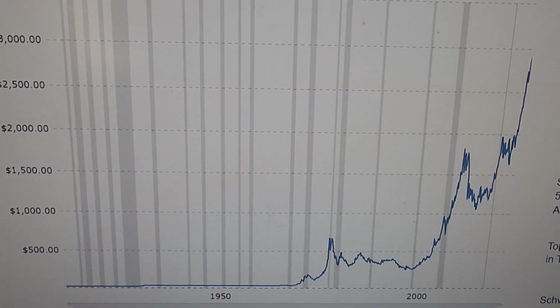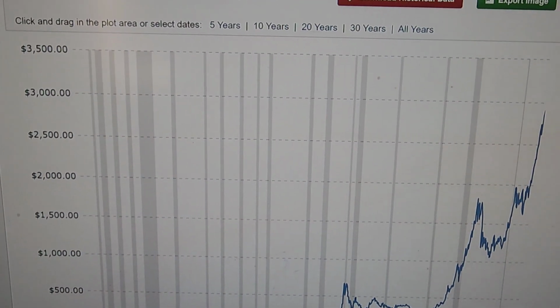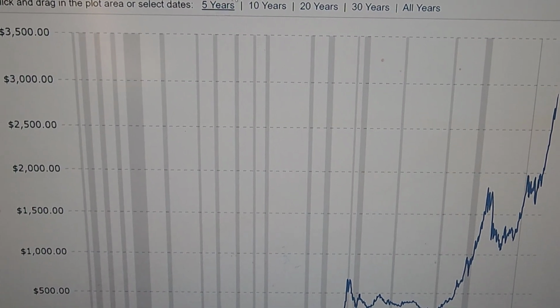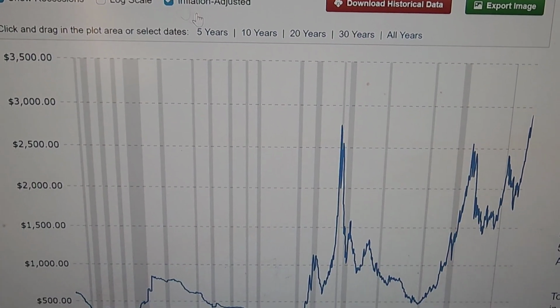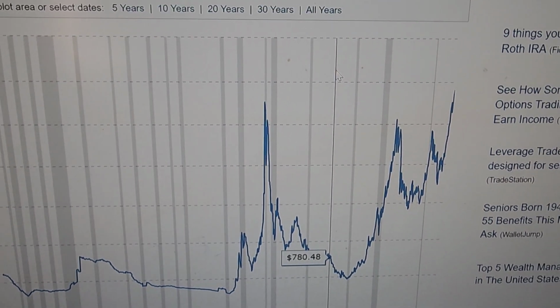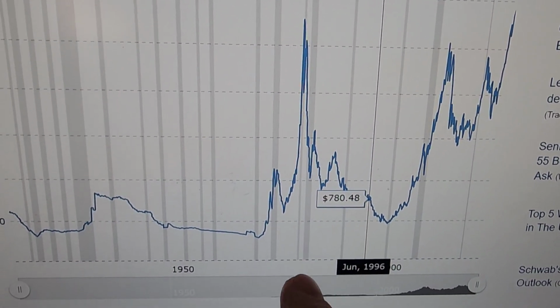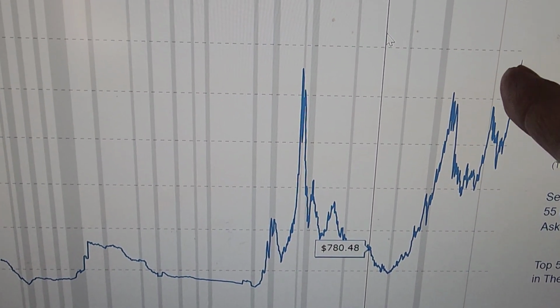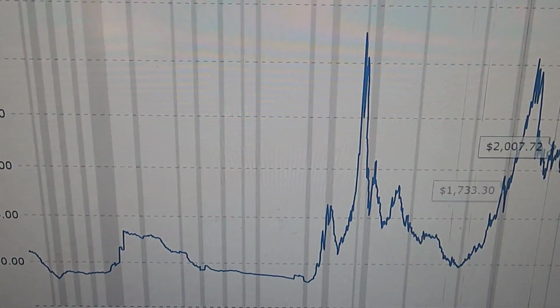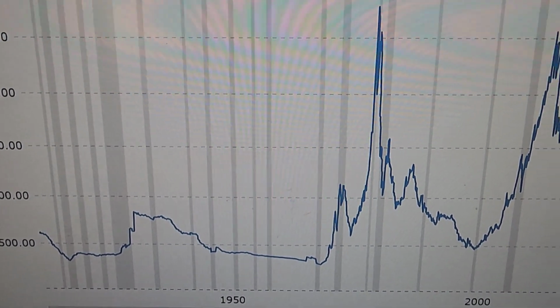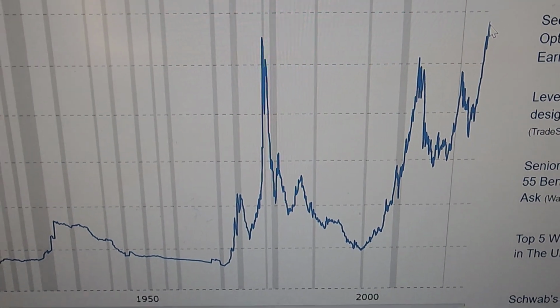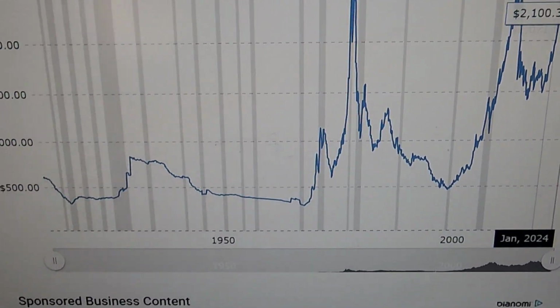And the interesting thing on this gold chart, on this particular website, which is the Macro Trends website, is that you can just click this box and it'll show inflation adjusted, and you can see that gold is right about at the top. Does that mean it's going to keep on going up, or does that mean it's topped out?